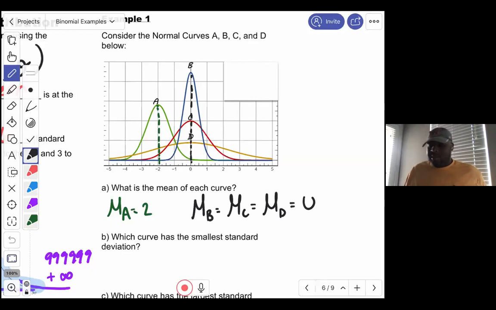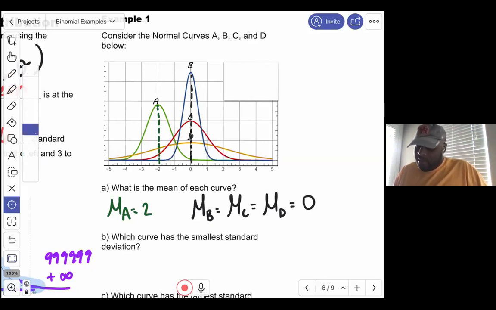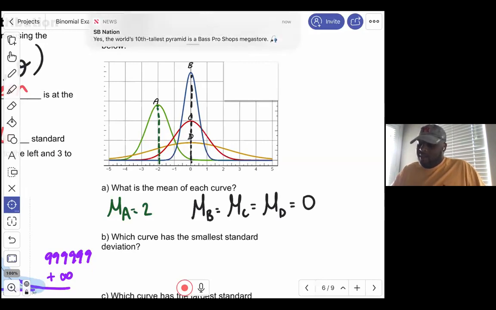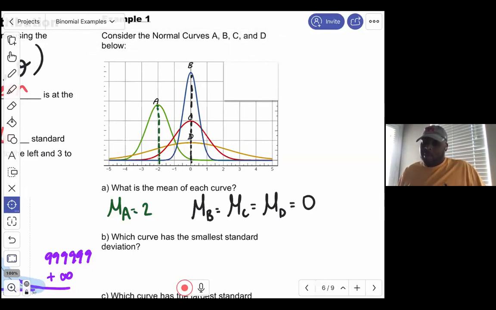So the first thing you need to realize is that these curves are not unique in terms of their means. They can have the same mean, but what makes them different is their standard deviations. Again, the standard deviation is where the curve starts to drop. Which curve has the smallest standard deviation?